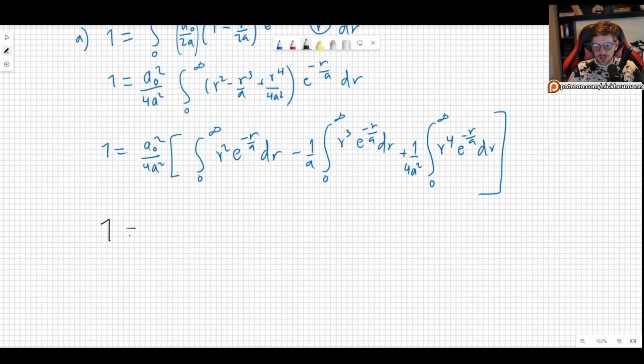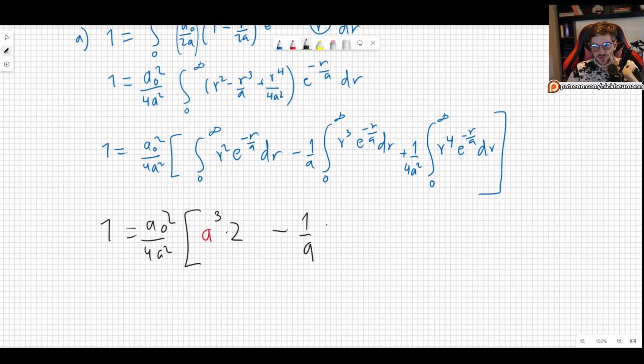So 1 has to be equal to a0 squared times 4a squared. Now, here n is equal to 2. And b is simply a. So we get b cubed times 2 factorial, so simply 2. But sorry, b cubed in this case is a, so a cubed. a cubed times 2. Then we have minus 1 over a.